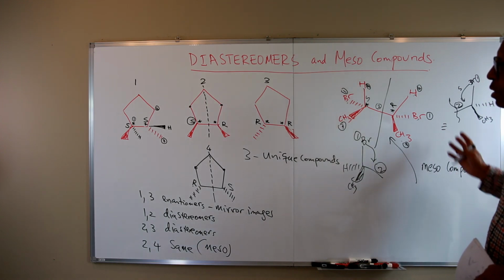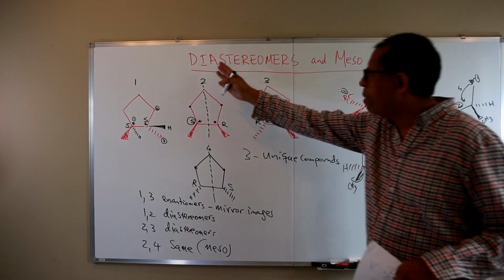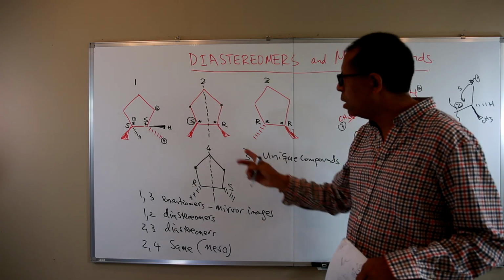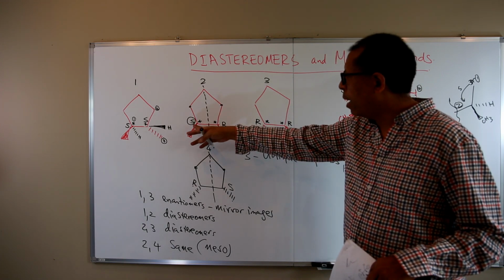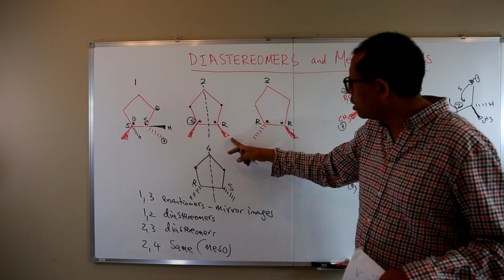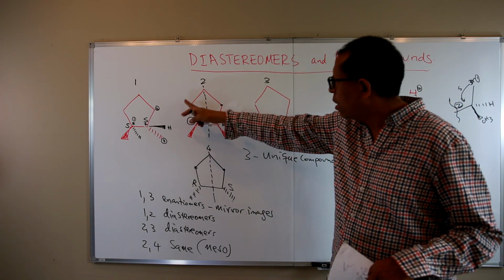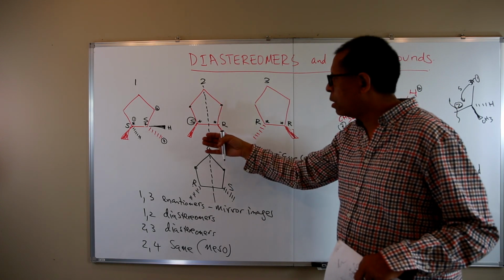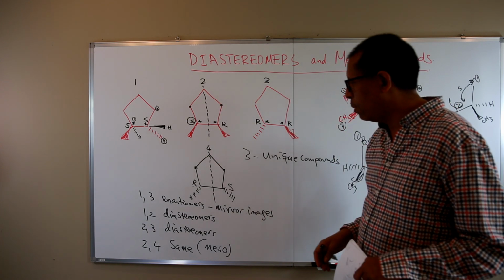Okay? As a review, a meso compound is a compound which has more than one chiral center, like this one. S is reflected to R, and each group is reflected by a plane of symmetry passing through that. This compound qualifies as a meso compound.